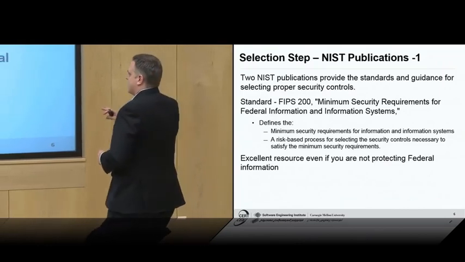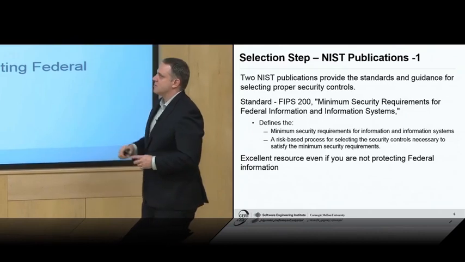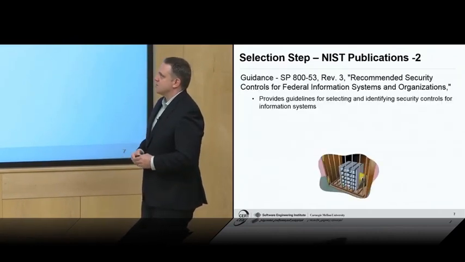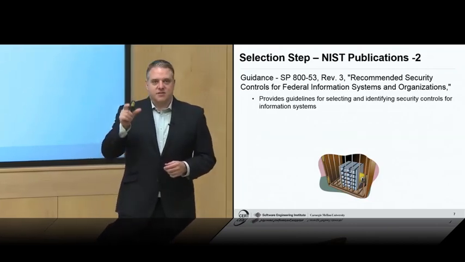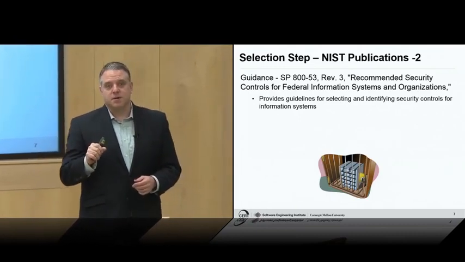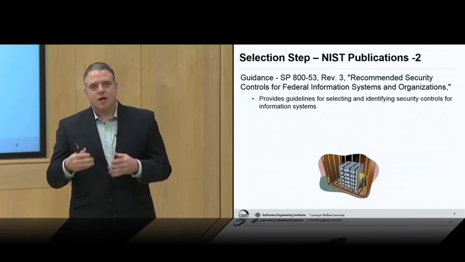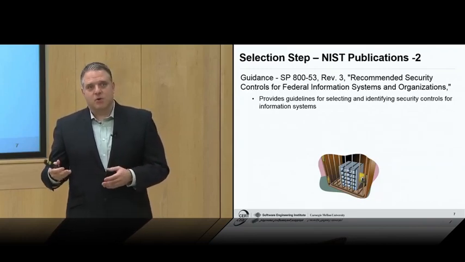Even if you're not a federal agency, FIPS 200 provides some really good guidance for you in terms of selecting controls. The next one, and probably what I would consider the definitive list of controls, is NIST Special Pub 800-53. These are a set of recommended security controls for federal information systems and organizations.